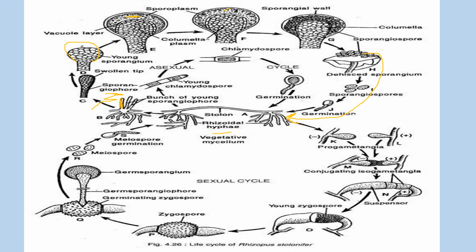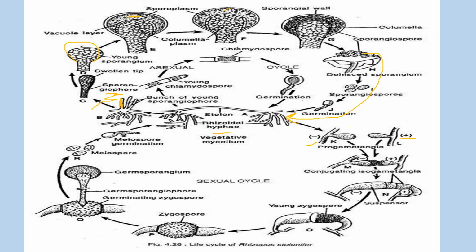But when the mycelium is old enough and has accumulated the food reserve, then this type of sexual reproduction occurs, where opposite strain mycelia, the negative strain and positive strain, come close in contact.